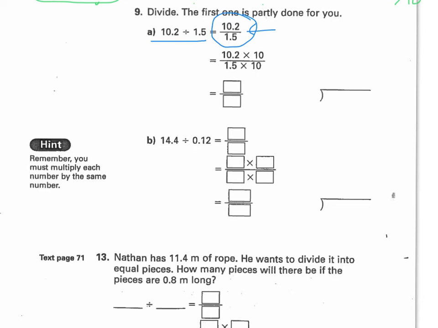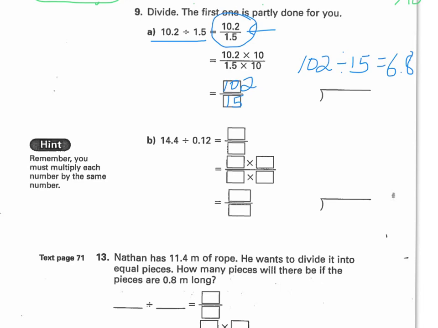I'm going to create an equivalent fraction. 10.2 times 10 is 102. 1.5 times 10 is 15. When I go 102 divided by 15, the answer is 6.8.